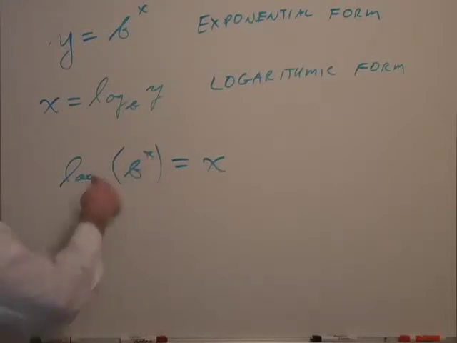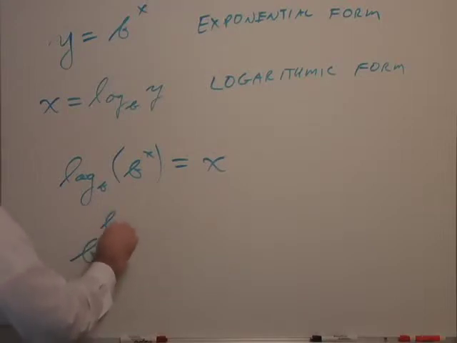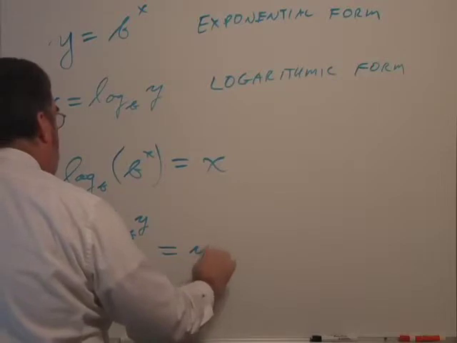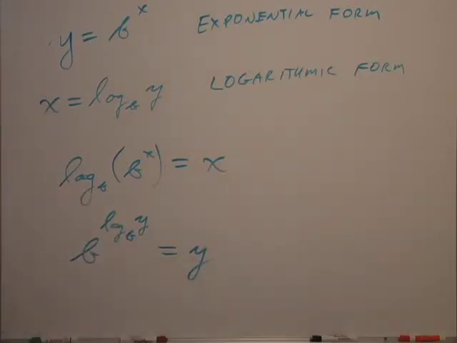By a similar token, I can reverse this. b raised to the log of y, base b, is equal to y. Here, the b and the log cancel, leaving the input value. In this case, I wrote y instead of x, because I was looking up here.